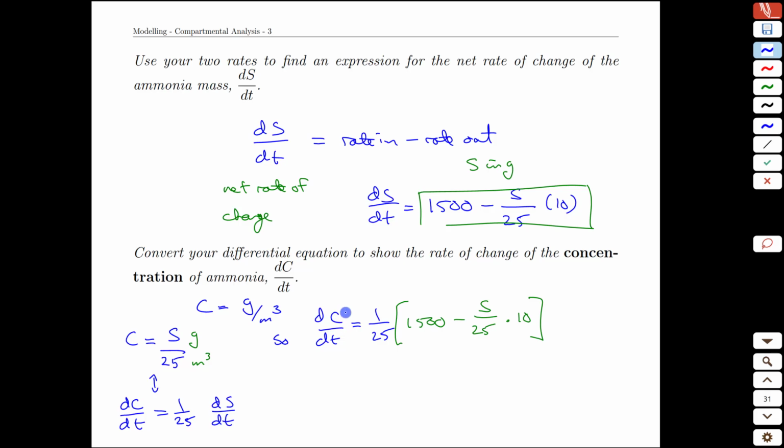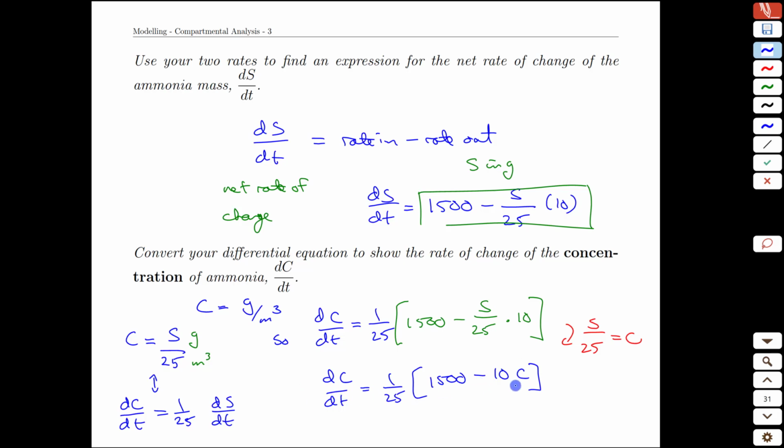A bit annoying that we have a mix of variables, so what we'd like to do is convert this S into a C, but, oh wait, S over 25 is exactly equal to concentration. In fact, that's how we used it in our model. So we can actually model the rate of change of the concentration as 1 over 25 times 1500 minus 10 C. We can expand that in if we want. I'd leave it right like that for now.